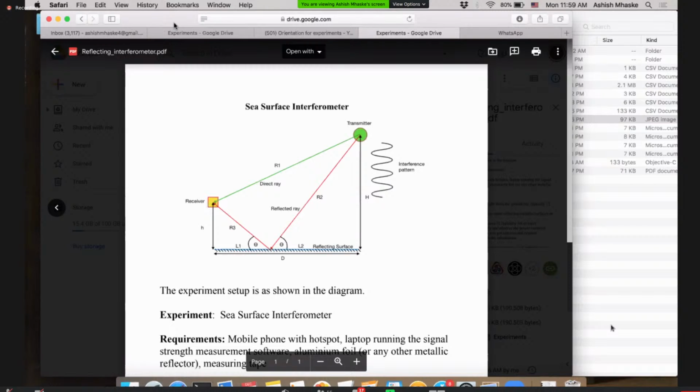So you will have to note that explicitly, and the expressions and the dependence on the height of either the receiver or transmitter, which we might change to see the changing interference situation, constructive or destructive, will have to be analyzed and understood in that fashion. Other than that, I have nothing else to add.